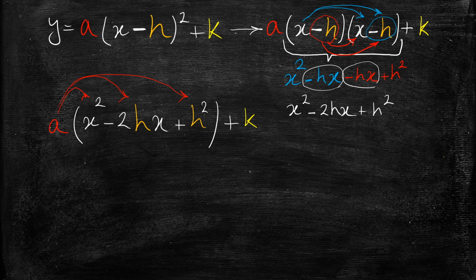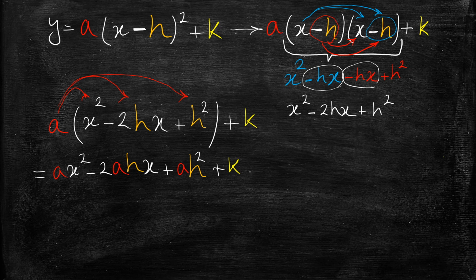Let's do that. Equals a x squared minus 2ahx plus a h squared, and at the end plus k, which is outside. Nice. Now what do we have here? We have ax squared.